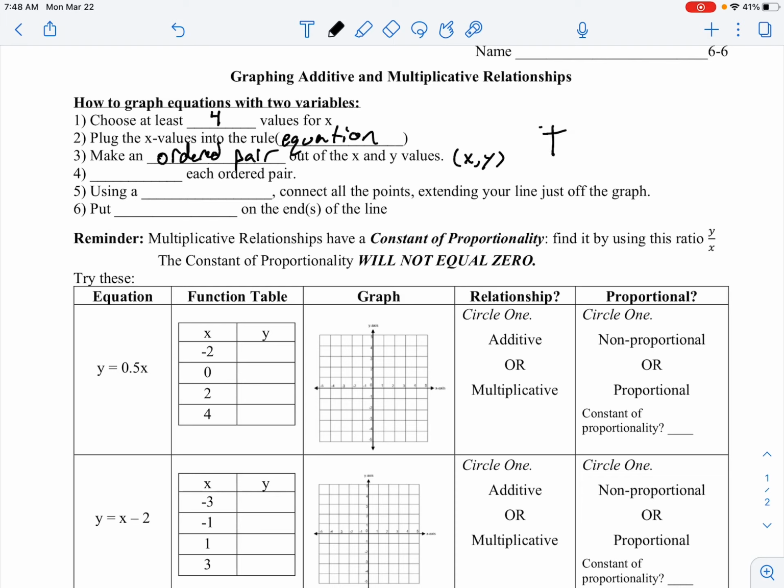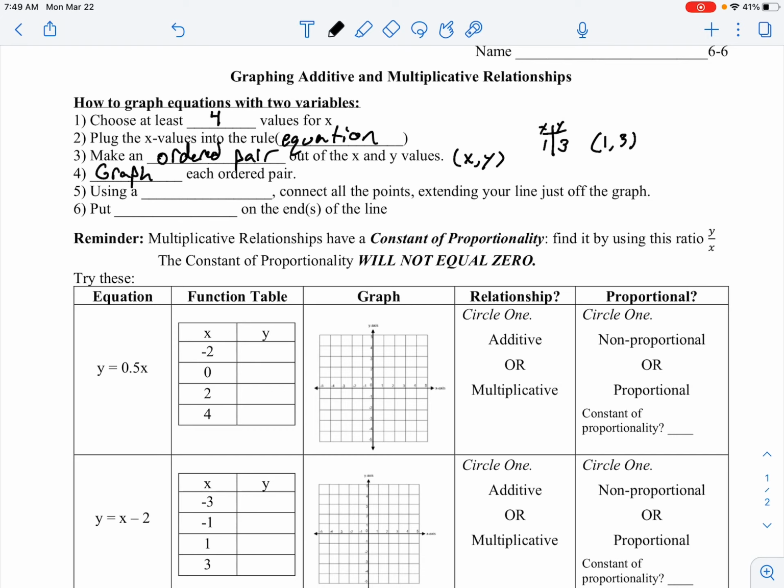So if we had 1 for x and we plugged it into our rule and got 3 for our y value, then our ordered pair would be 1 comma 3. We've been doing this for about a week or two now, so hopefully this part isn't very confusing.